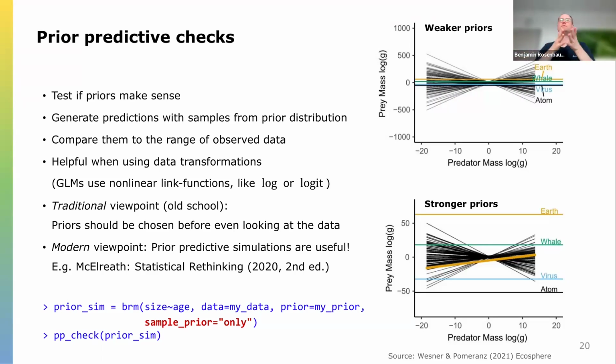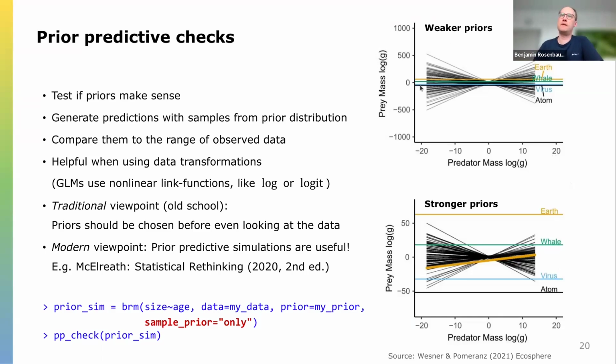So why should you let the data inform your priors as well? But I would say if you use completely uninformative priors or priors with a very wide standard deviation, then the priors already can make predictions which are completely nonsense.